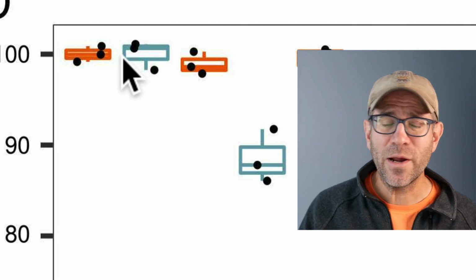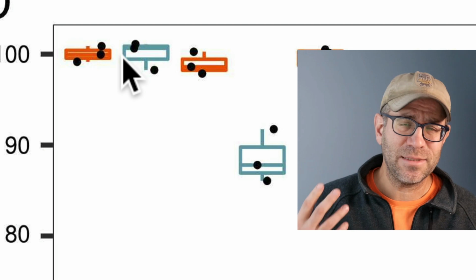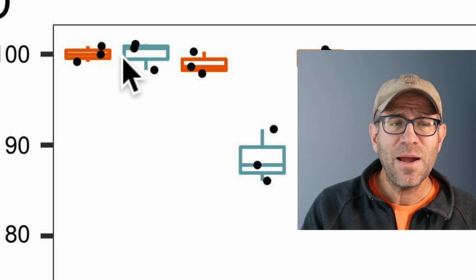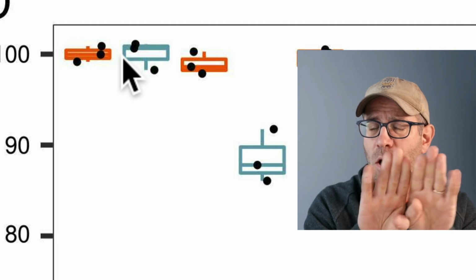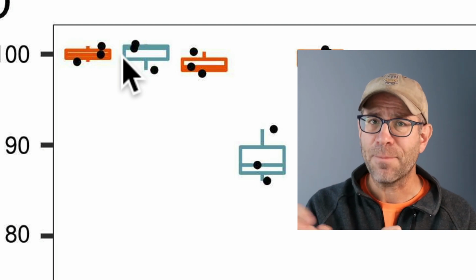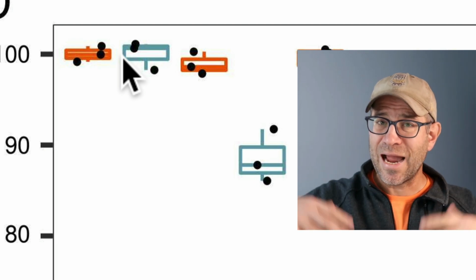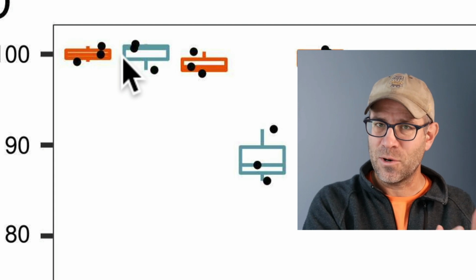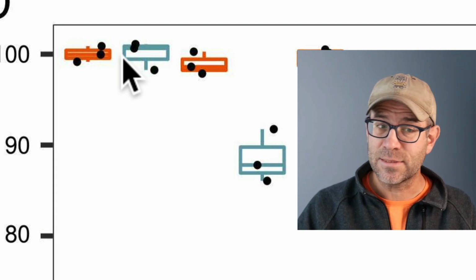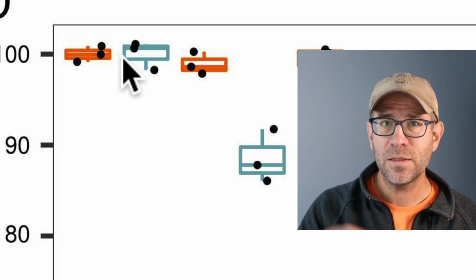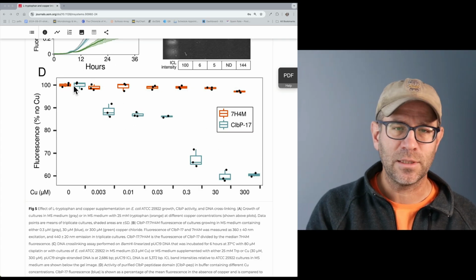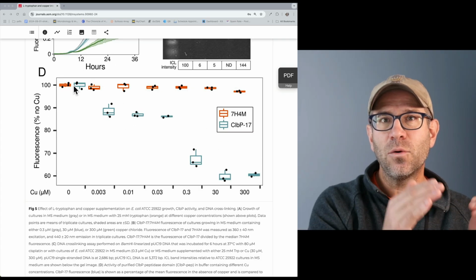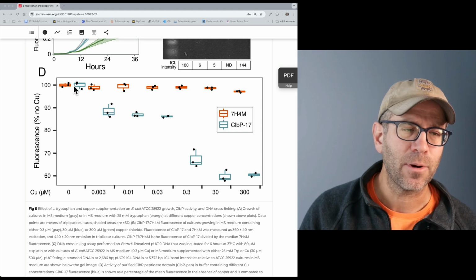So if we had had more points and that would make the box plots make a little bit more sense, my preference would be to put the 2 box plots within the same copper concentration right next to each other and then have a gap to the next copper concentration, highlighting that the differences we're really interested in across the x-axis is the copper concentration, not which condition was being used, whether it's orange or blue, right? That the orange or blue are relevant within each of the copper concentrations.